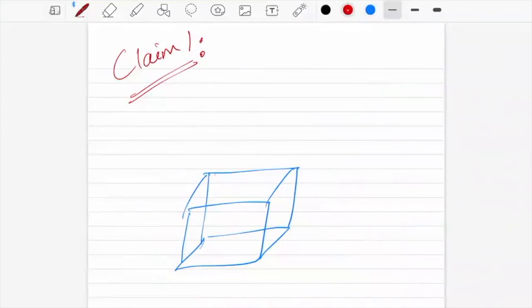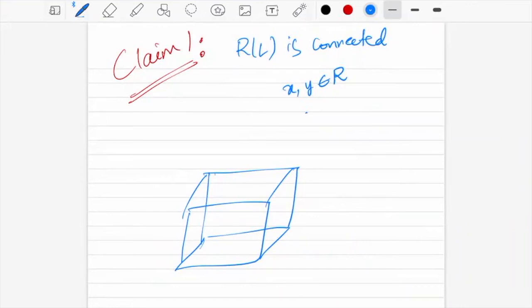Let's take a region R, which is said to be connected if for any points X, Y which belong to region R, there exists a path from X to Y passing entirely through region R. For example, if I take some region with 2 points X, Y, in this case we can say that this is not connected because the path goes out of the region.